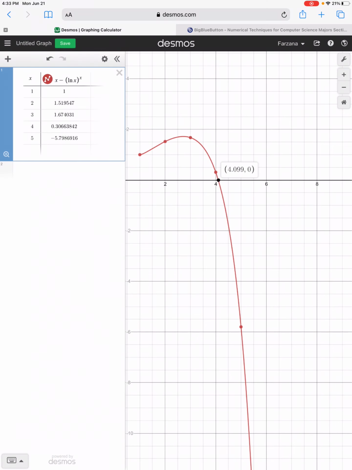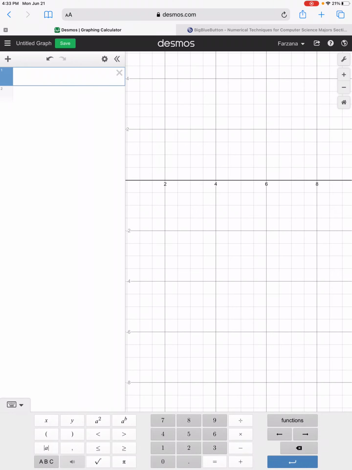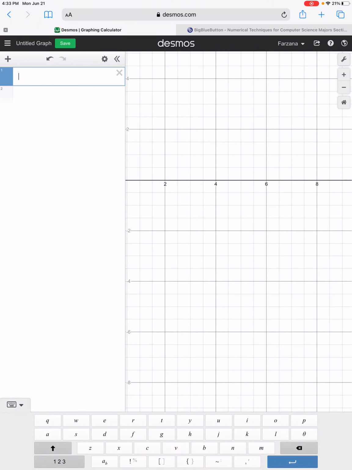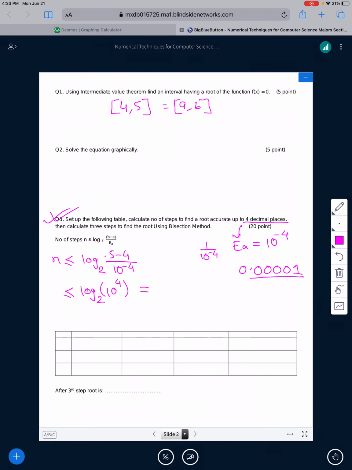Or in my Desmos calculator, I am showing you how to find that: log base 2 of 10 to the power 4. So this is giving us 13.28 something, and n should be less than 13.28.